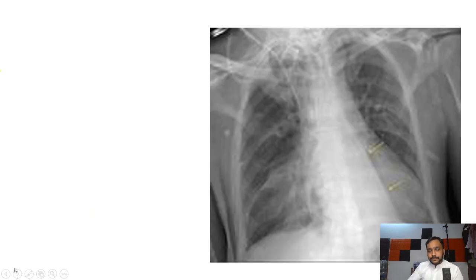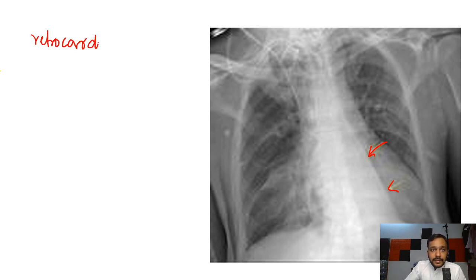Okay, so guys, you can see the arrow pointed in this figure. Can you identify this abnormality? This is basically a homogeneous opacity in the retrocardiac region.